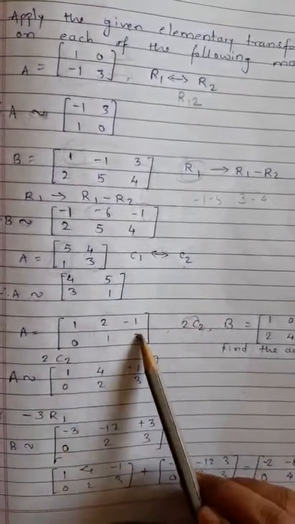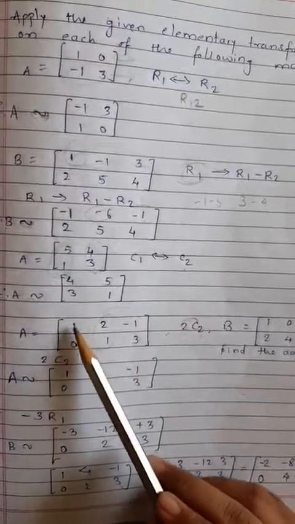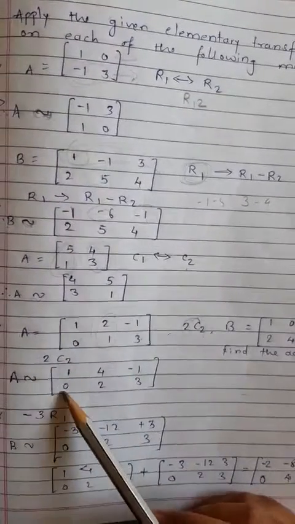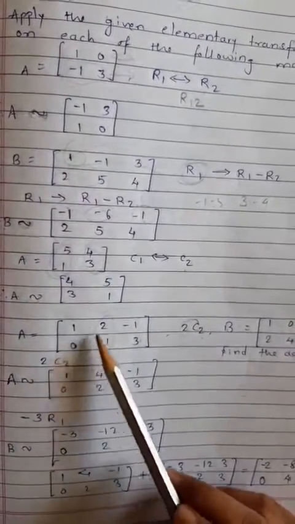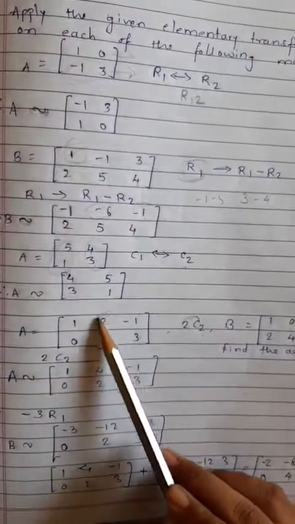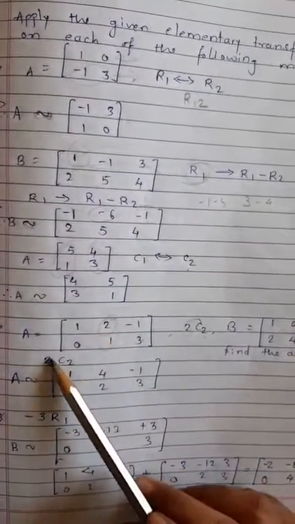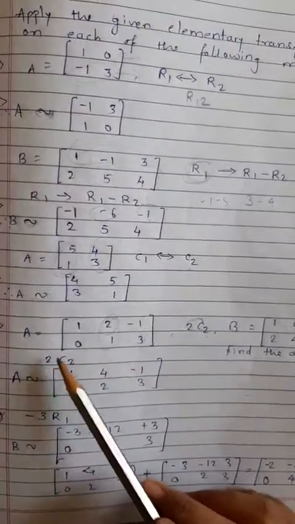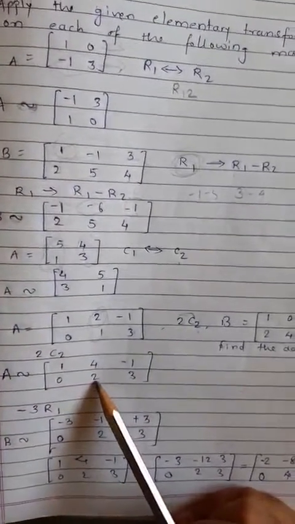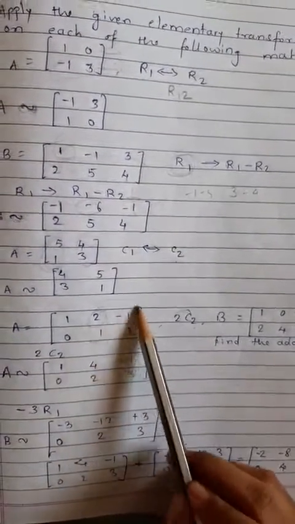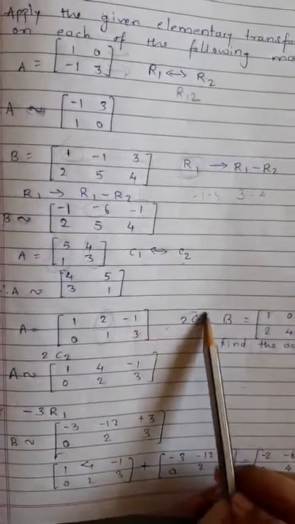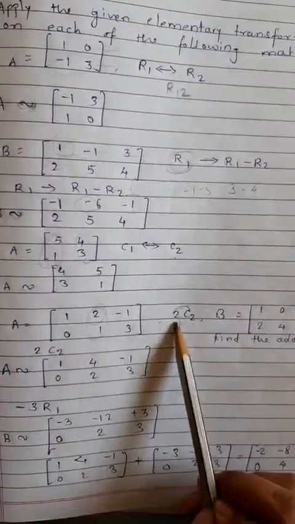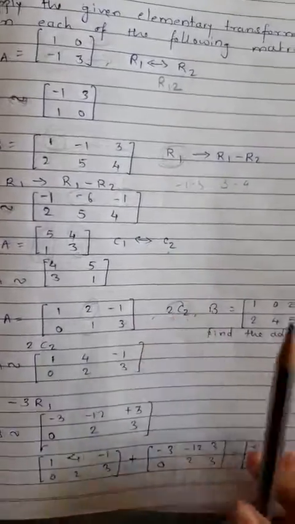So the first and the last columns will be as it is. So the first column will be as it is, 1 0. 2C2 means 2 into 2, this is the second column, 2 into 2 will be 4, 2 into 1 will be 2. Okay, now this will be as it is because the operation was on only the second column.